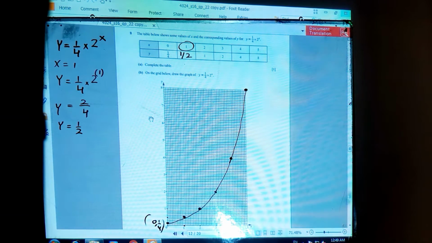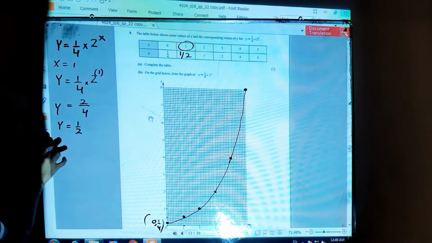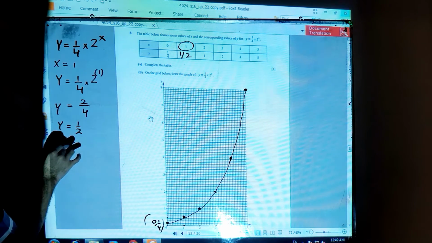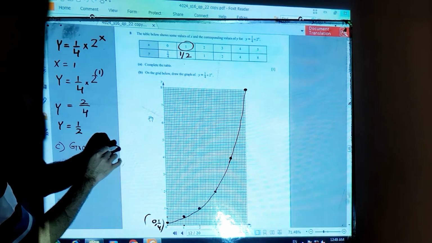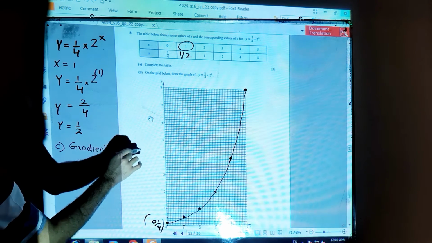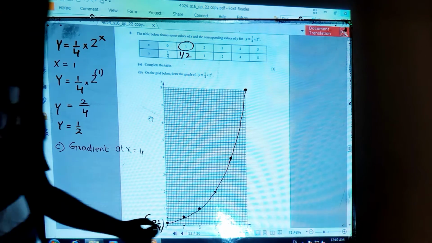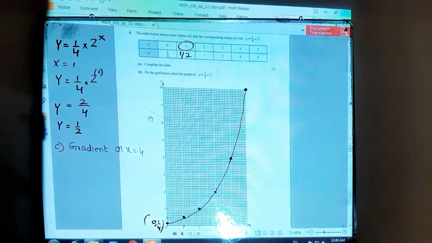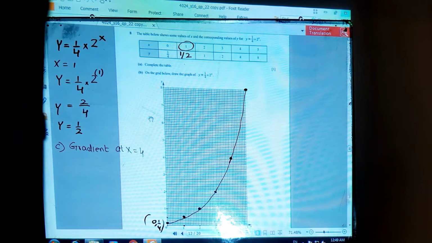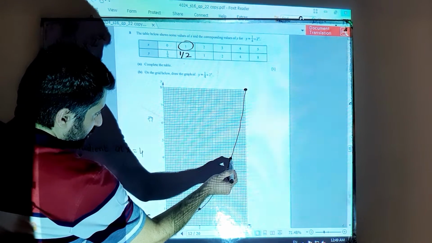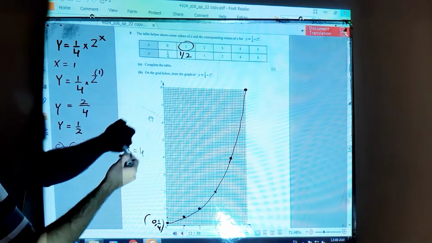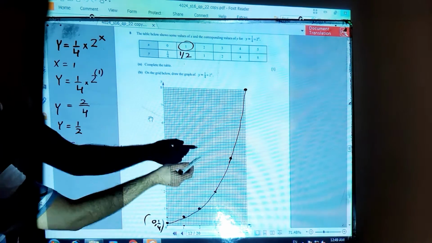Now in part C, followed on the next page, you need to find the gradient at x equal to 4. At x equal to 4, we need to draw a tangent, and the gradient of the tangent will be the gradient at this point.